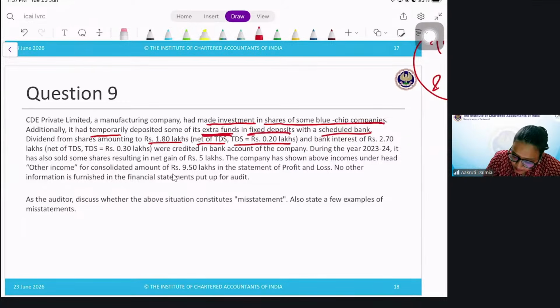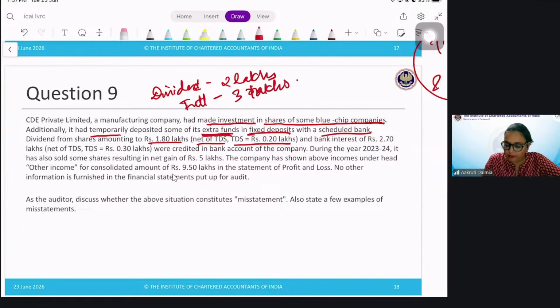TDS is 0.2, which means the dividend was actually 2 lakhs. And bank interest 2.7 lakhs net of TDS, TDS 0.3, so interest was actually 3 lakhs, which was credited in the bank account of the company.